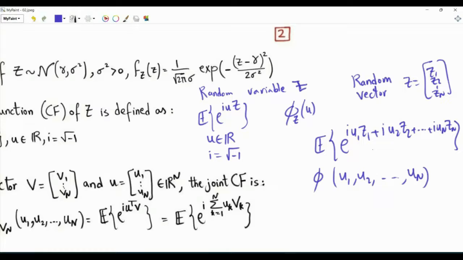And so this is the characteristic function of a random vector with big N components, or we can say that it is the joint characteristic function of n random variables z1, z2 to zn.